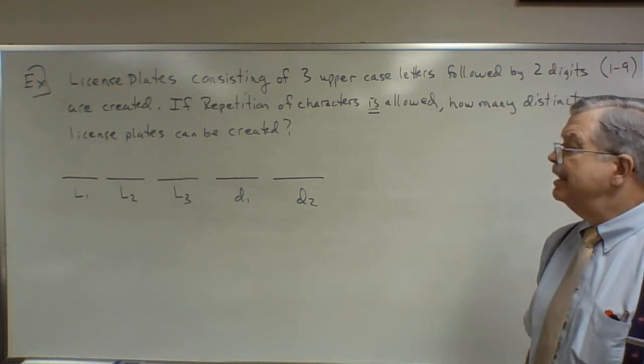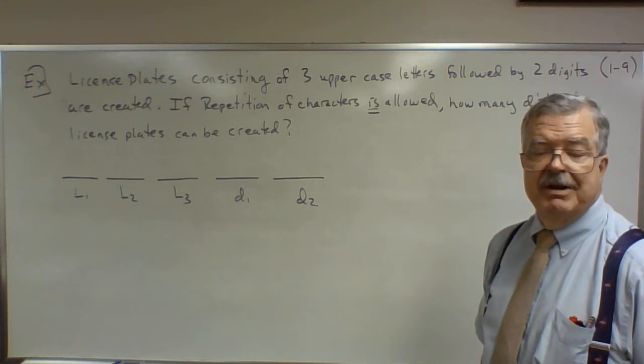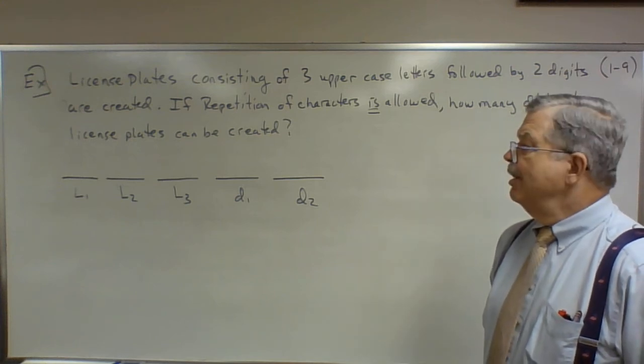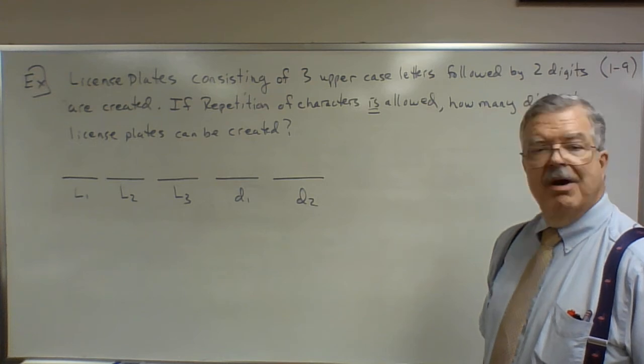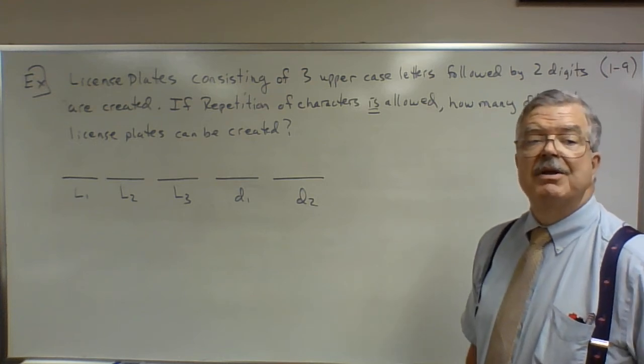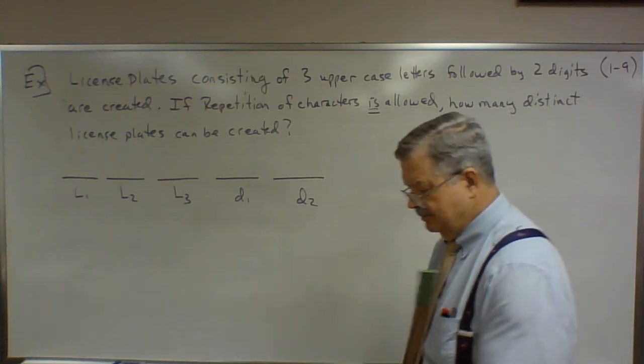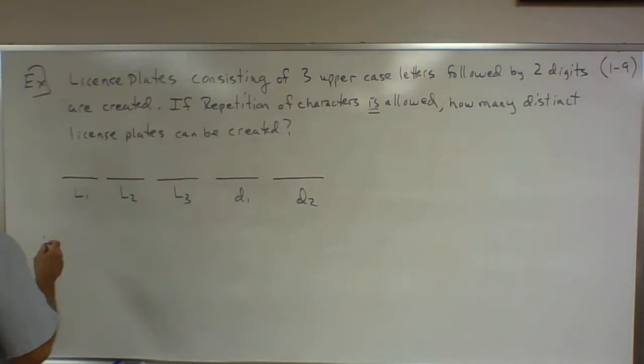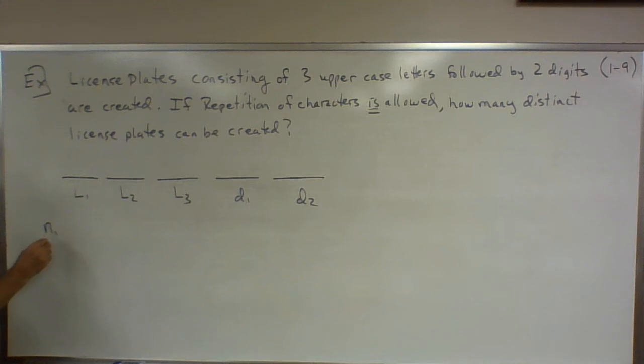This is essentially a 5-stage experiment where the numbers that we draw are drawn with replacement. N1, that's the number of ways, or number of outcomes associated with the first stage. We select the first letter. The number of possible outcomes is 10. The second stage, we select the second number.